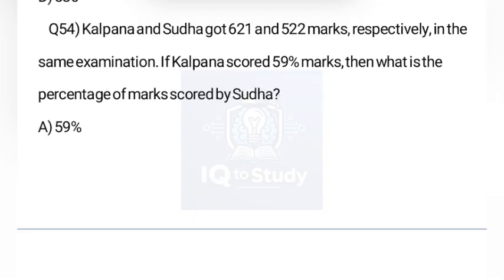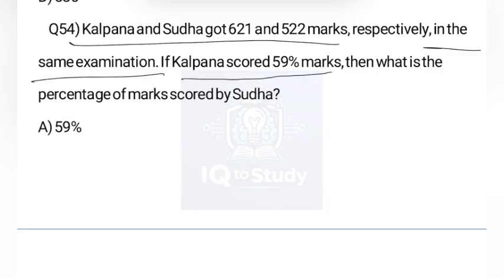Kalpana and Sudha got 621 and 522 marks in the same examination. If Kalpana scored 59% marks, then what is the percentage of marks scored by Sudha? We know Kalpana's percent and marks. So let's consider Kalpana first.